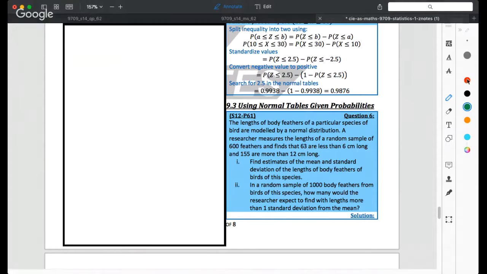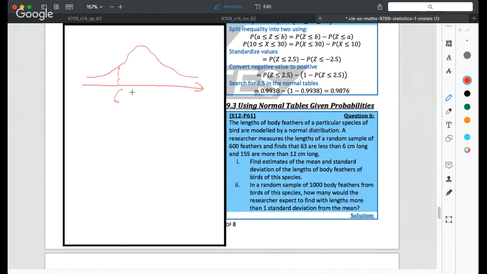So what do we know about this? We know that it's a normal distribution, but we do not know the mean and the standard deviation. But we know that 63 are less than 6 centimeters long.